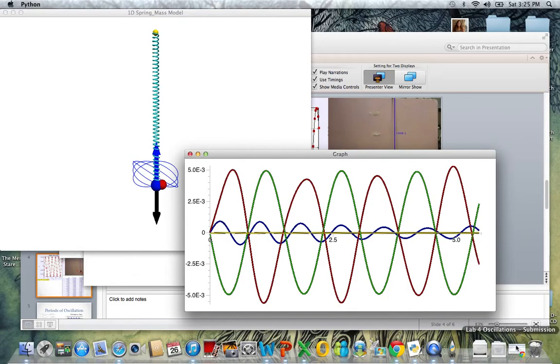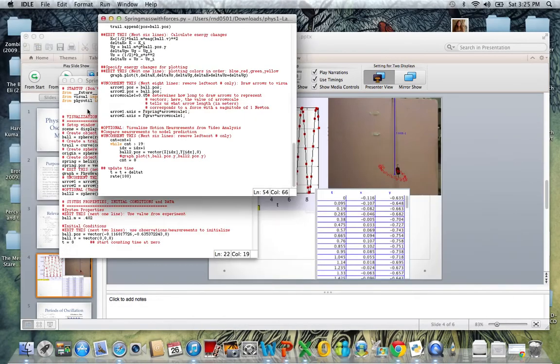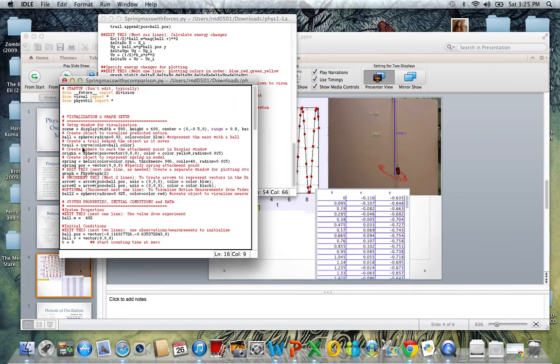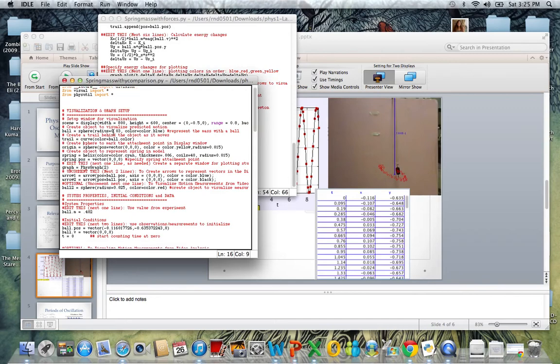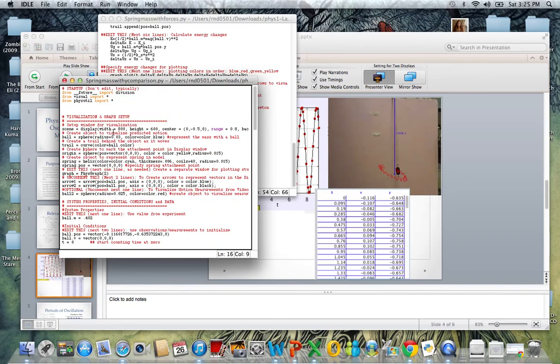Then, to compare our results with what we calculated, we used this and just changed it to graph the y position of the calculated and actual results.